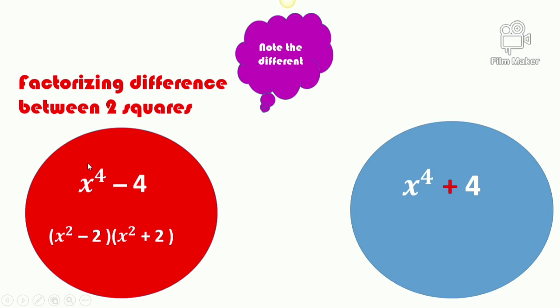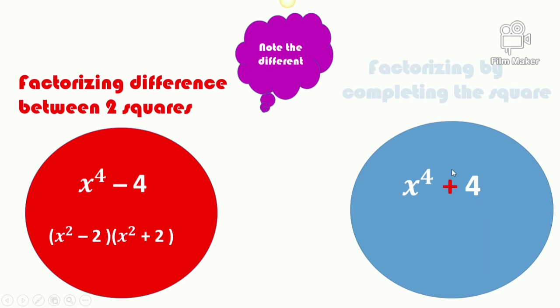The two perfect squares with a negative middle sign we can solve by factorizing the difference between two squares: two brackets, positive and negative, with the square root of the first and the square root of the second. But here we can't solve it as a difference between two squares because the middle sign is positive.